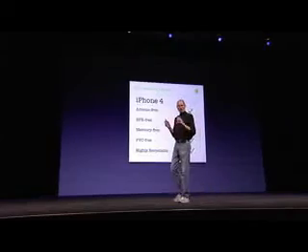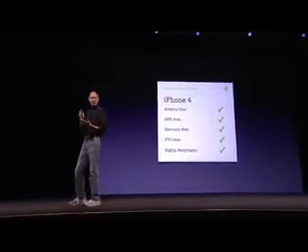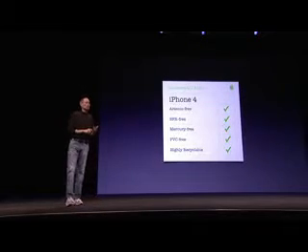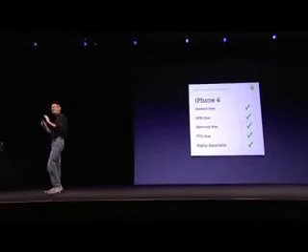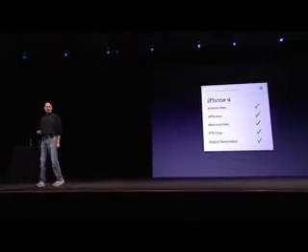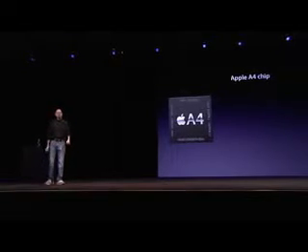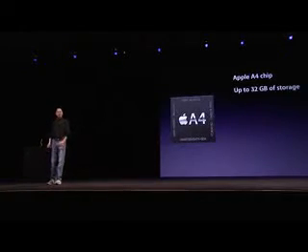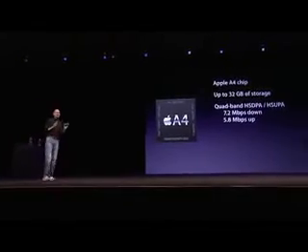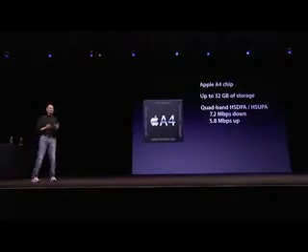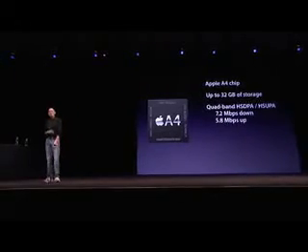Also, our environmental report card is strong. Arsenic-free, BFR-free, mercury-free, PVC-free, and stainless steel and glass are highly recyclable materials. So we're doing great there. So the A4 chip, up to 32 gigabytes of storage, quad-band HSDPA and HSUPA for 7.2 megabits per second down, 5.8 megabits per second up.